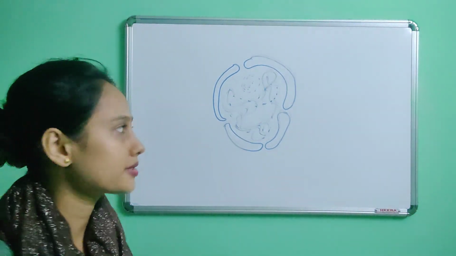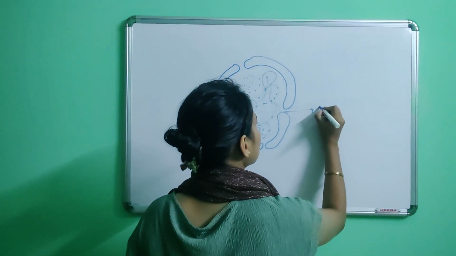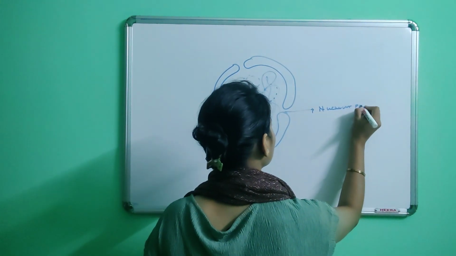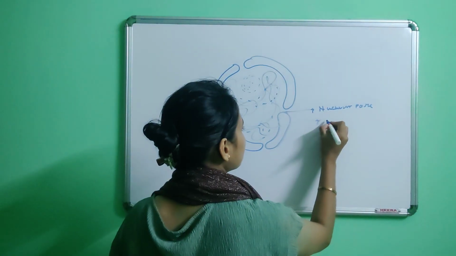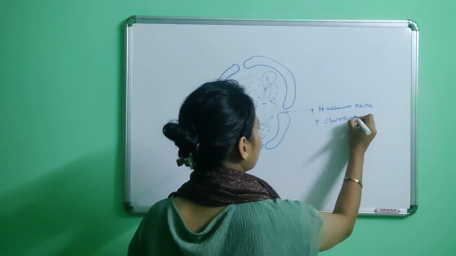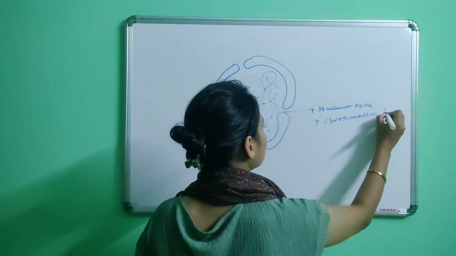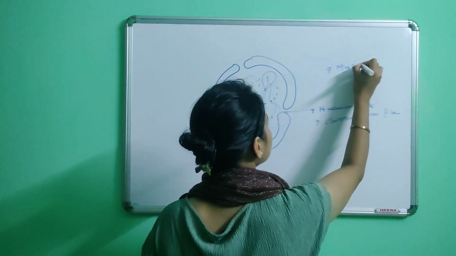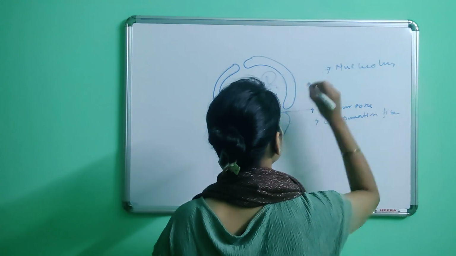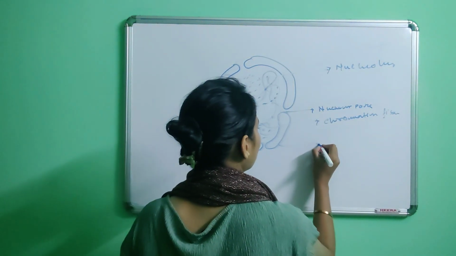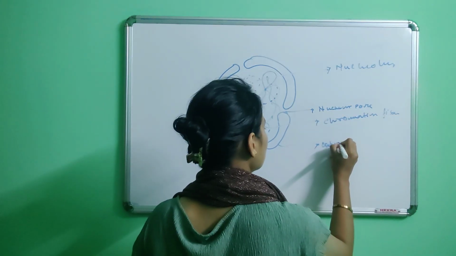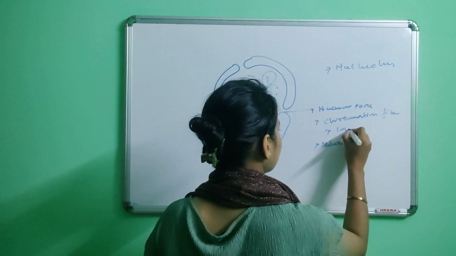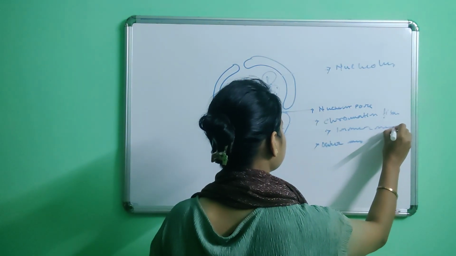That is the nucleus, the nuclear core, the chromatin fiber, the nucleolus, the outer membrane and the inner membrane.